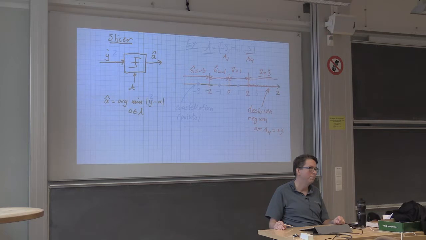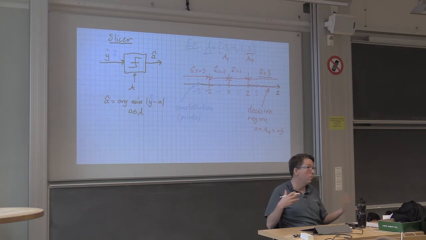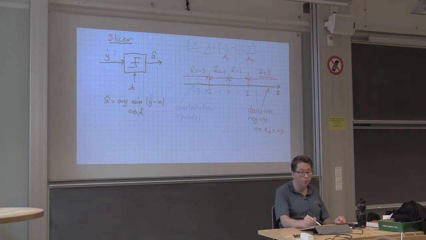The output here is A hat equals 3, so this is the decision region for A equals 3. Then we have a decision region here, and one here, and one here. In general, we have one decision region per possible amplitude or symbol in the symbol alphabet.